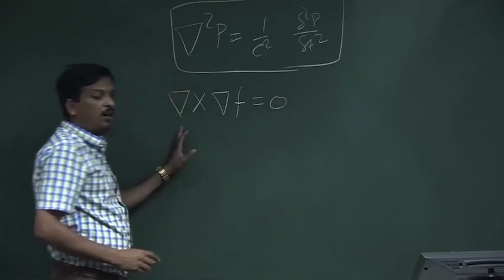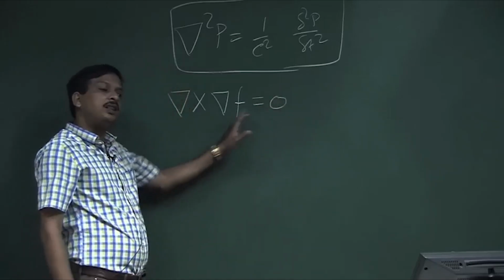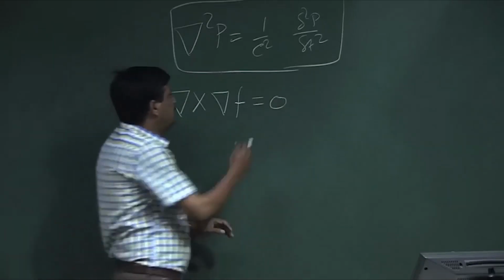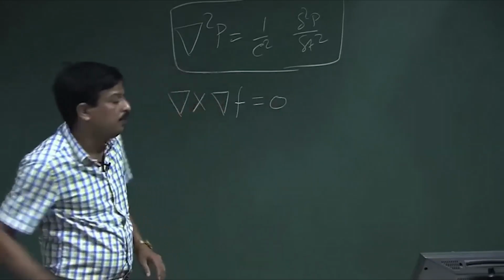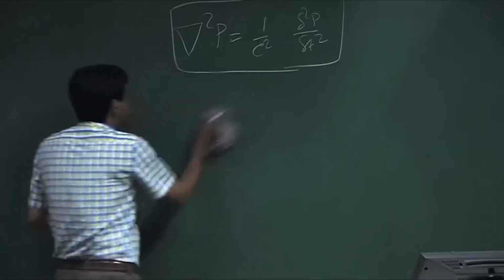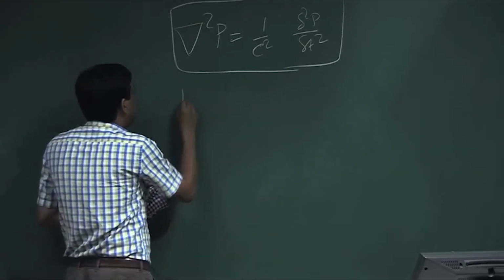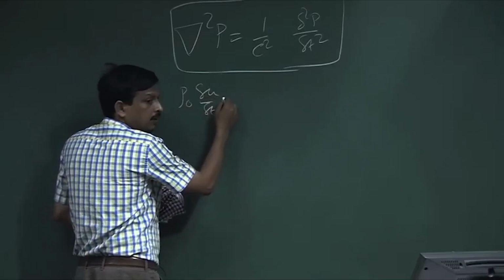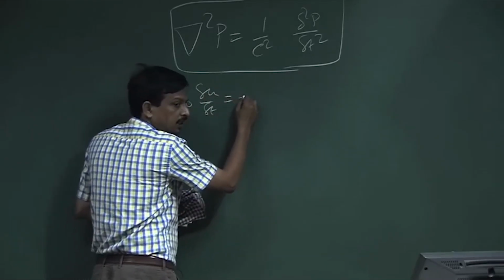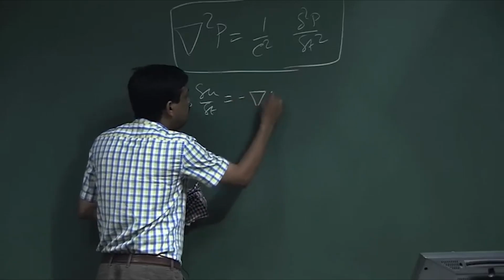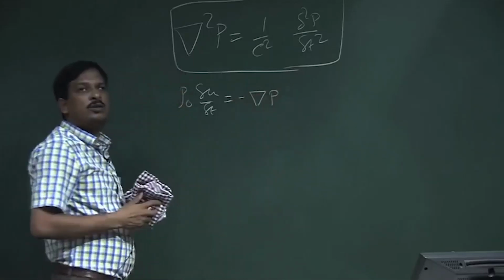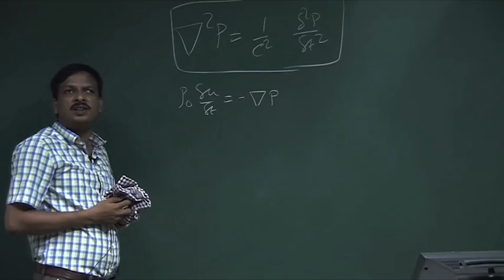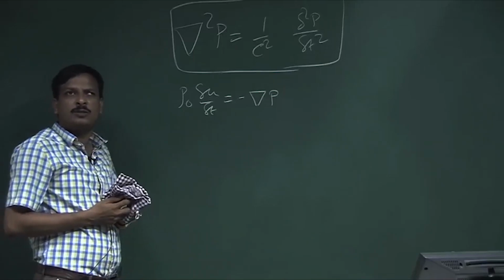Now, if you remember, we derived the equation for the particle velocity: rho 0 del u by del t is equal to minus the gradient of the acoustic pressure.